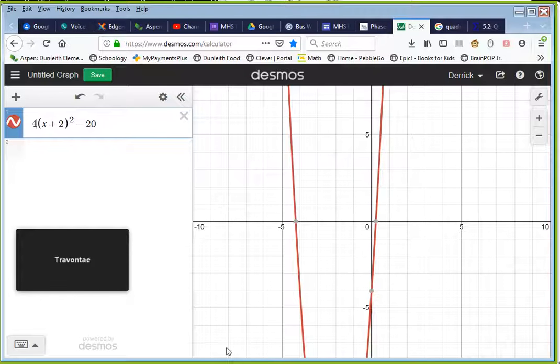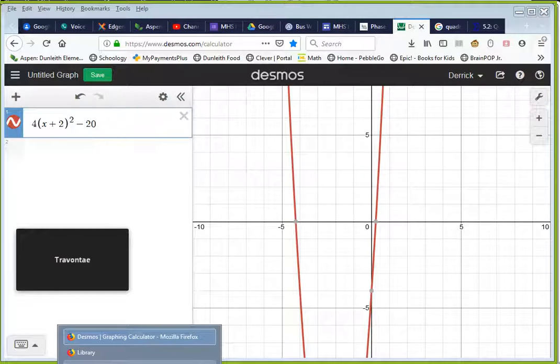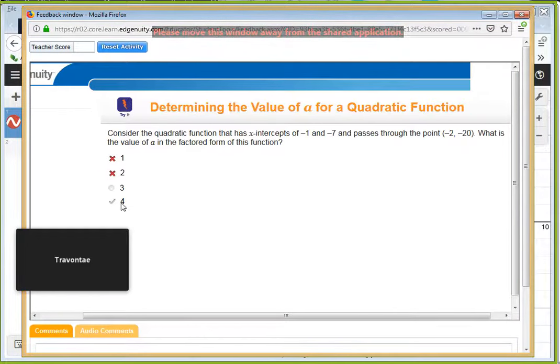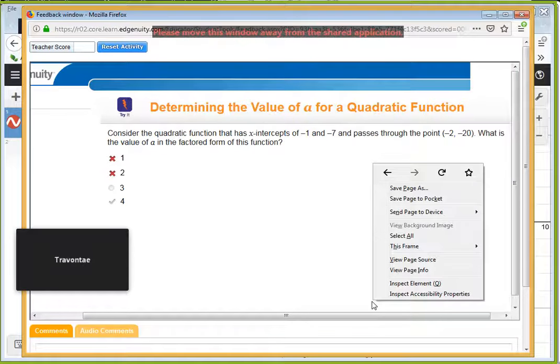Now let's look back at the answers Edgenuity is providing. It says the answer is 1, 2, 3, or 4, and it said 4 is the right answer. So where did we go wrong? Because we definitely went wrong.